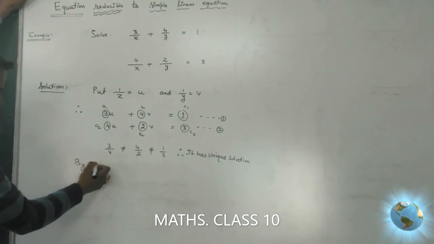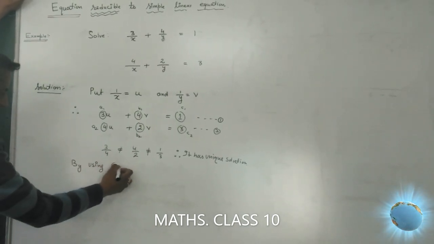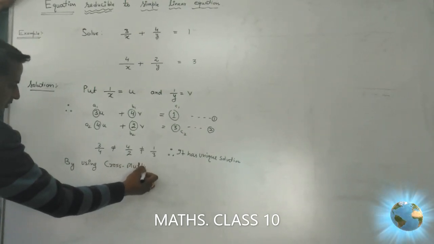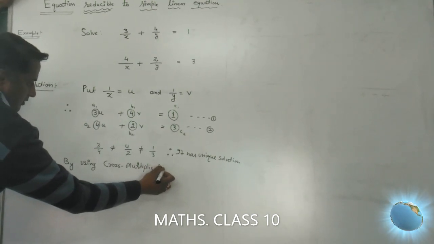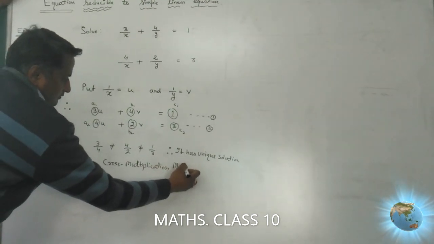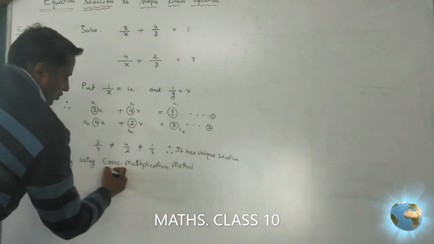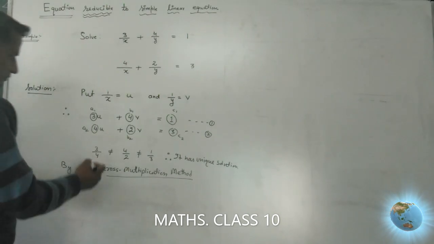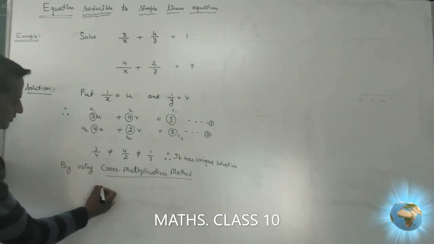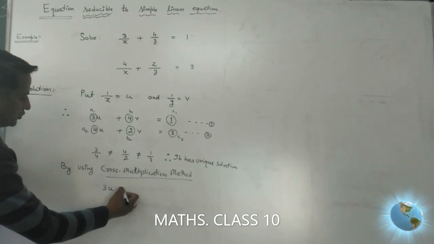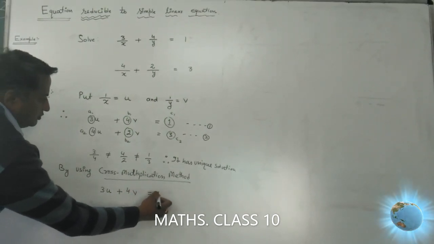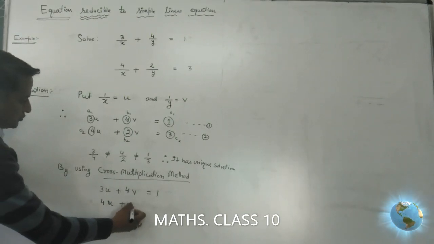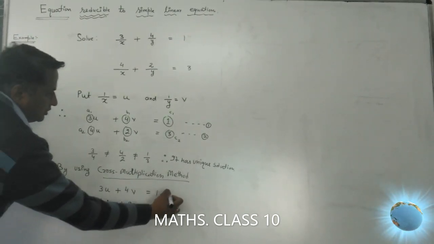So by using the cross multiplication method, we use the 2 3 1 2 rule. For the very first equation we have 3u plus 4v is equal to 1, and the second equation is 4u plus 2v is equal to 3.